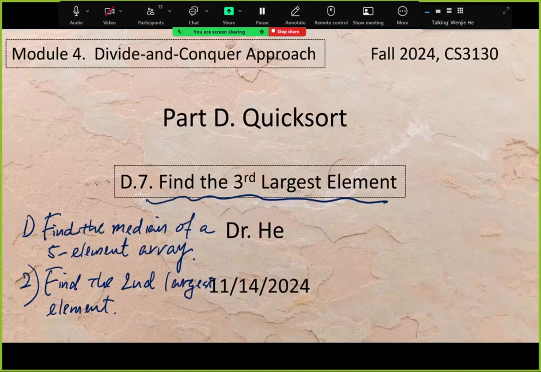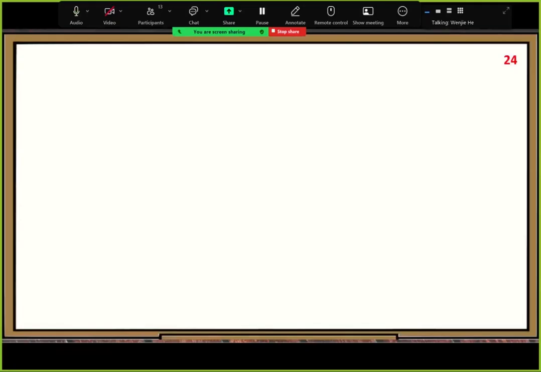So when you have a good understanding of the solutions of these two questions, then with some nice analysis work, you can solve this problem: find the third largest element. Okay? Let me show you. I need to complete it using the remaining time. I only have 20 minutes, so I need to go a little fast.